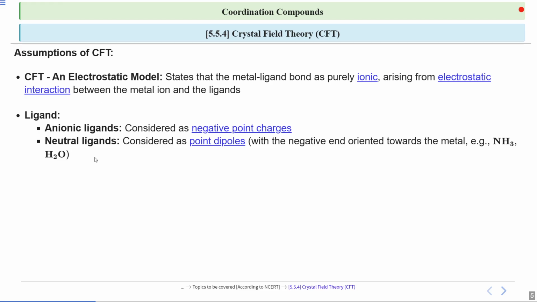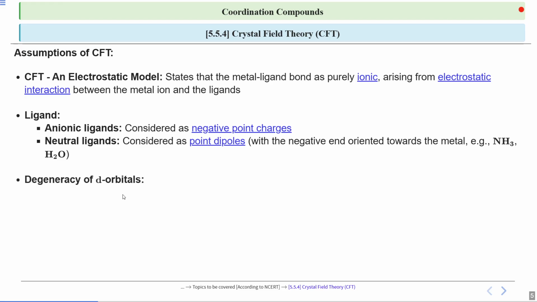Similarly, the water molecule is also a neutral ligand, present as a point dipole, in which its negative end, the oxygen, is oriented towards the metal around which the water molecule is present as a neutral ligand.